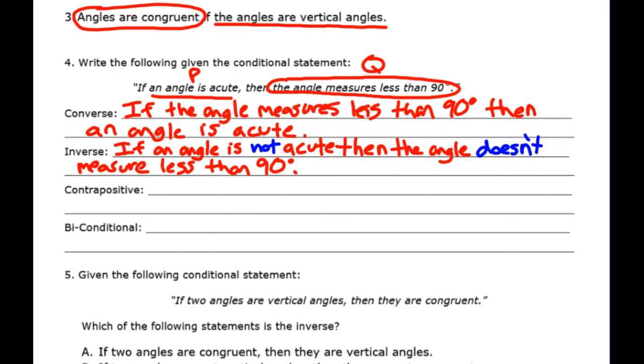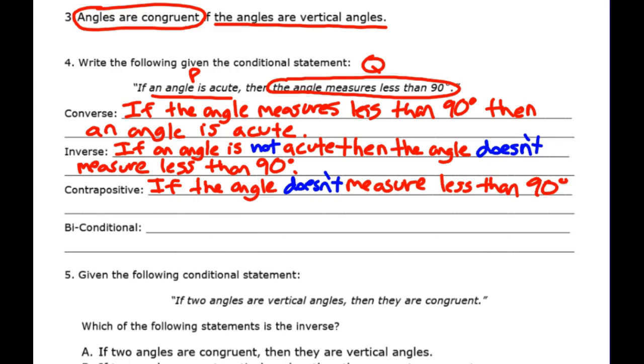So I'm going to take that conclusion, the angle measures less than 90, bring it to the front, and make it opposite. So it's going to read, if the angle doesn't measure less than 90 degrees, then an angle is not acute.